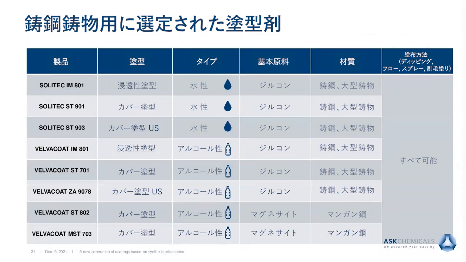On the alcohol-based coatings, we have Velvacoat IM801, an impregnation coating based on alcohol and Zircon. And as a cover coating, ST701, or in the States, the CA9078. And for manganese steel, we have the Velvacoat ST802, and in the States, MST703.